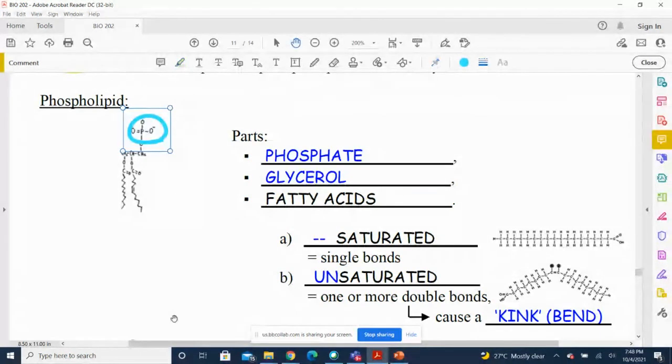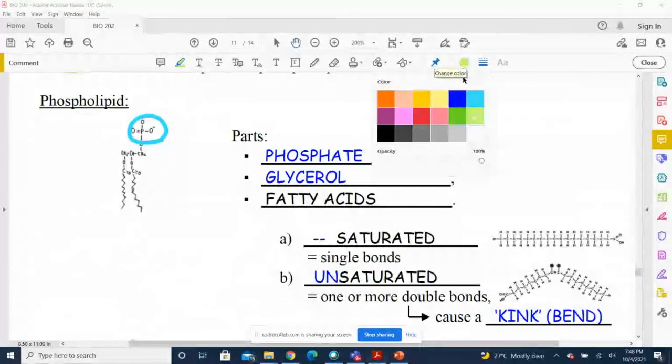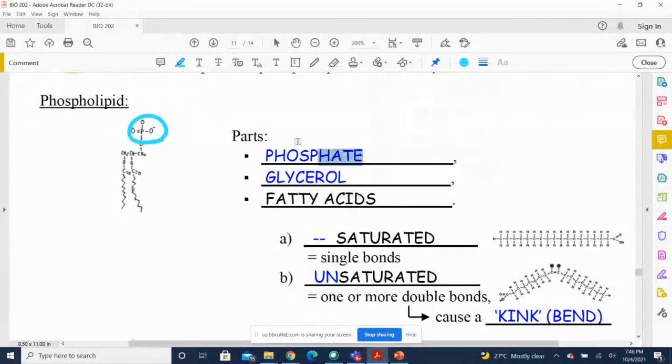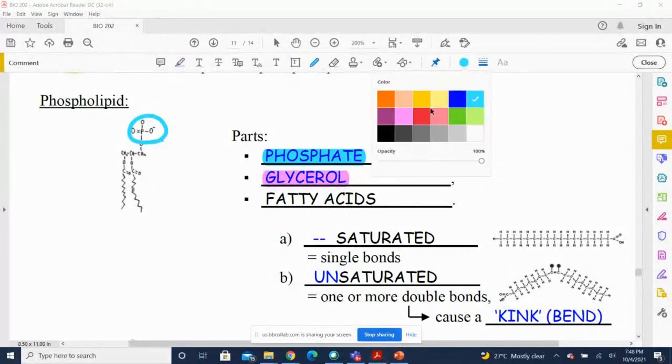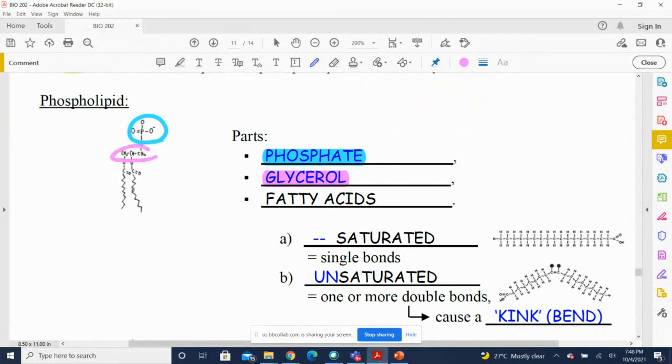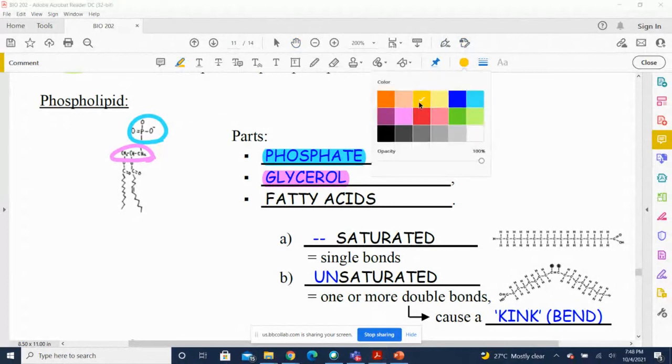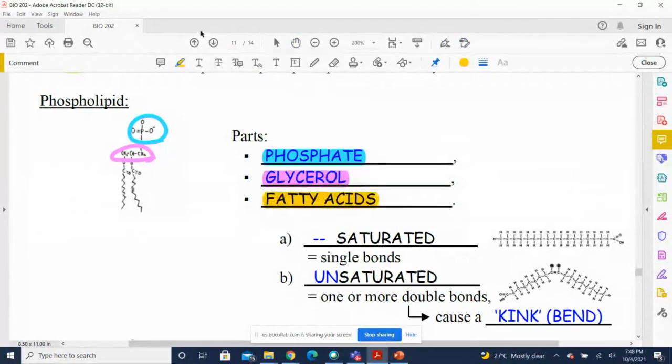Well, of course, we have the phosphate head part of a phospholipid. And then we had the glycerol, where the head attached to. And we had two fatty acid chains that formed the tails of the phospholipid, if you wish.